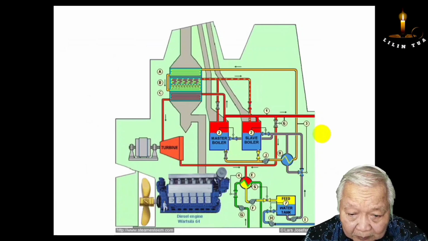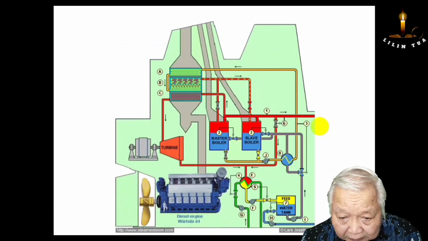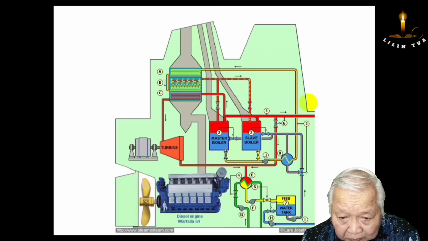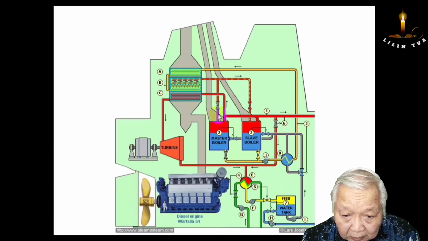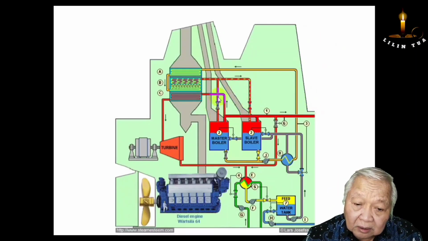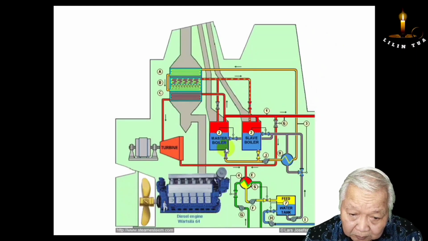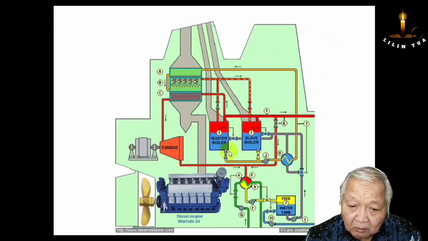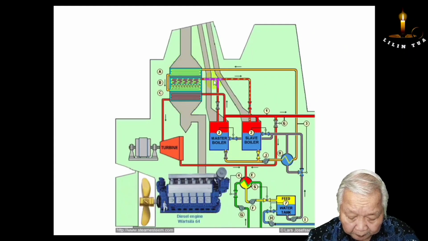Here in this diagram, you can see two kinds of steam boiler: the main steam boiler or harbor boiler, or oil-fired boiler, and the other is the exhaust gas boiler.